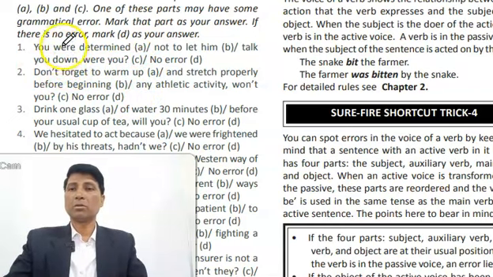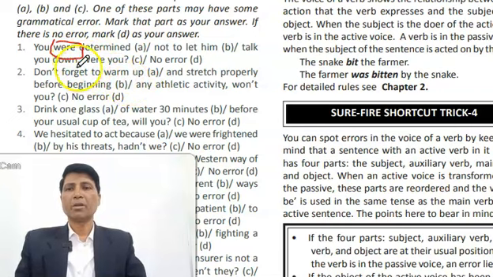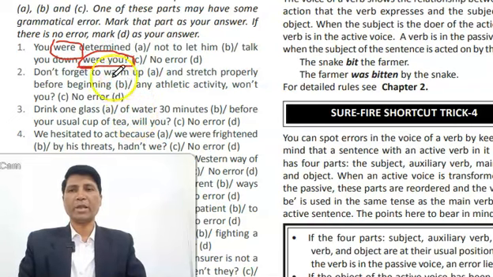Now, according to the surefire shortcut trick, we have to find out the verb aspect, which is were. And this were is in the simple past tense. Accordingly, the question tag should also be found by applying the simple past tense. Okay, it has been found. But it is positive, and here also it is positive.